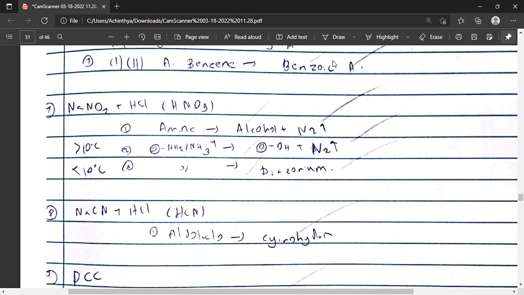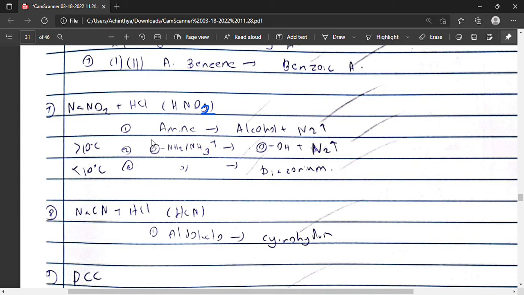Another reagent we can use is nitrous acid, which we produce by reacting NaNO2 with HCl. We can use it to convert amines into alcohols while evolving nitrogen.